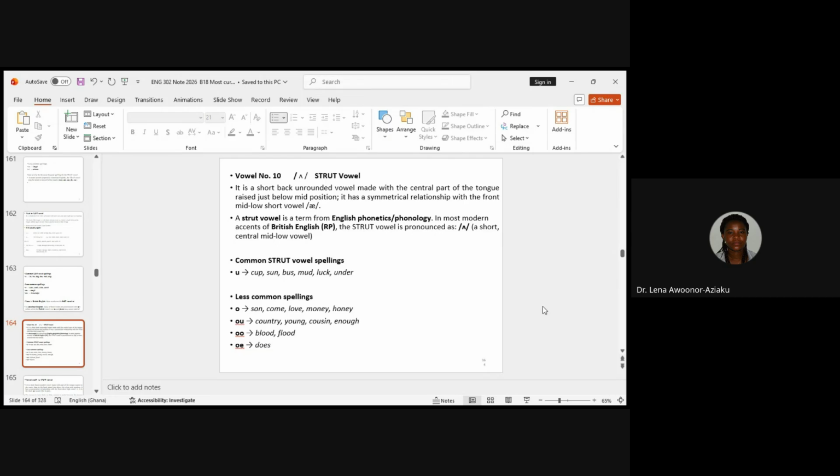Okay, so vowel number 10, which is the strut vowel, commonly spelled as U, as in cup, sun, bus, buzz, mud. You know, there's a story about this vowel. The vowel number 10 used to be a put vowel. Strut plus put vowel were one vowel. We have something we call a split.